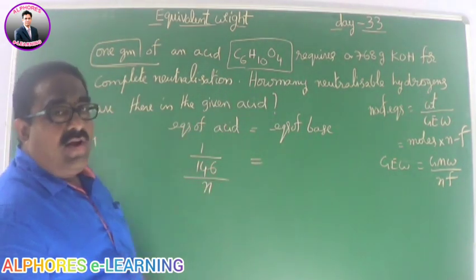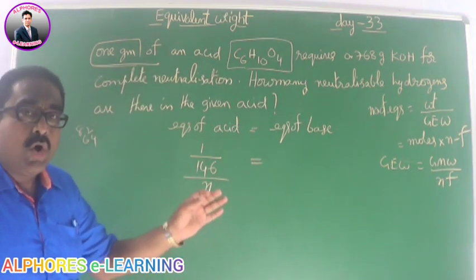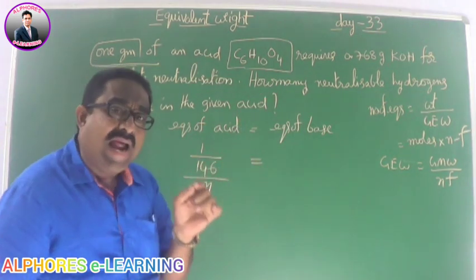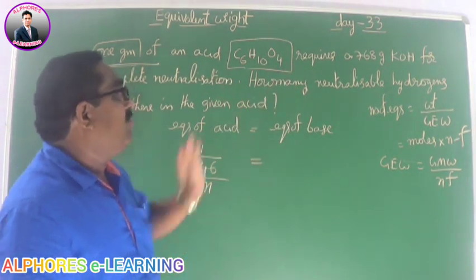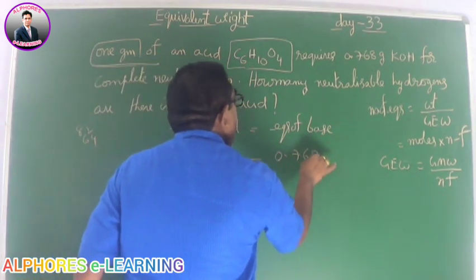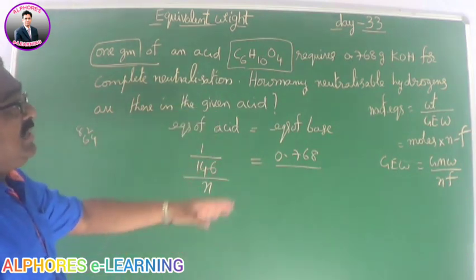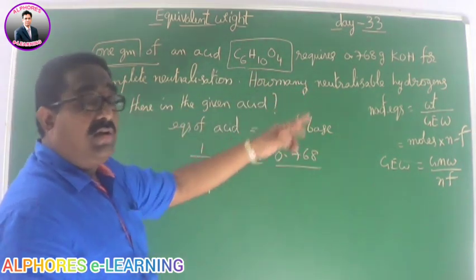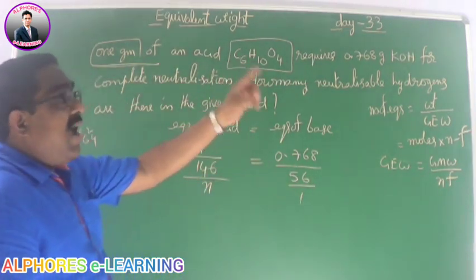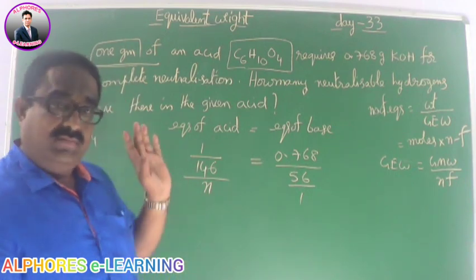What is the base given? Potassium hydroxide. It is a monoacidic base because it gives only one hydroxide ion in aqueous solution. So how do you get equivalence? Weight divided by, again, molar mass: potassium 39 plus oxygen 16 plus hydrogen 1, total 56, divided by n factor for potassium hydroxide, a monoacidic base, as 1.